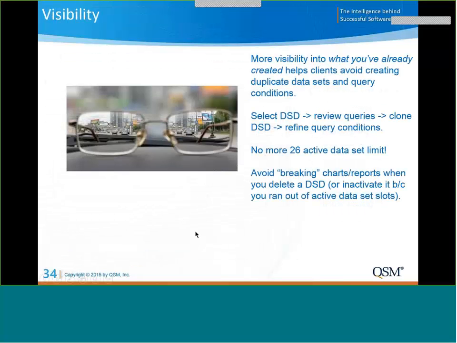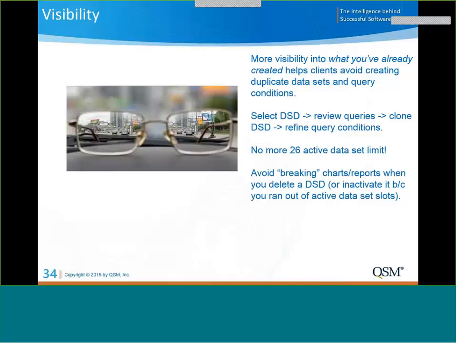So more visibility in what you've already created helps you avoid creating duplicate data sets and queries, because it is really easy to do in the previous versions. So you can select the data set definition, again, review the queries, clone them, what have you.